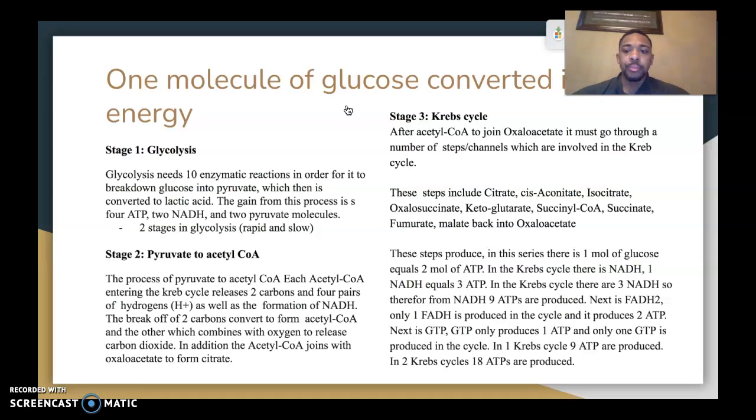From the process of pyruvate to acetyl-CoA, each acetyl-CoA enters the Krebs cycle, releasing, as I stated, two carbons and four pairs of hydrogen protons.